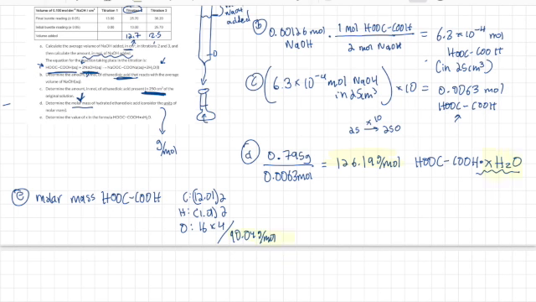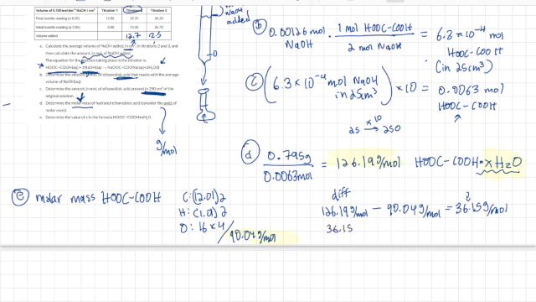The difference in these molar masses comes from water. So 126.19 grams per mole minus 90.04 grams per mole equals 36.15 grams per mole. So how many moles of water is that?